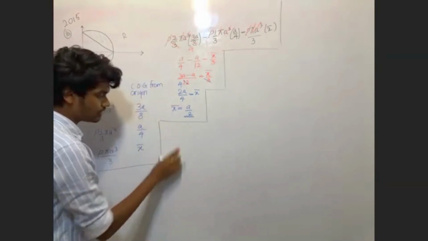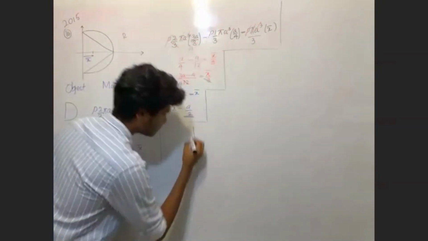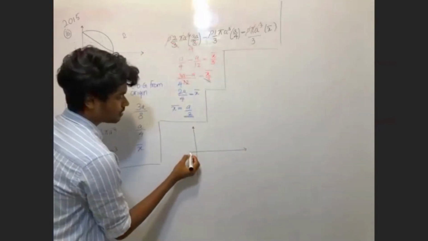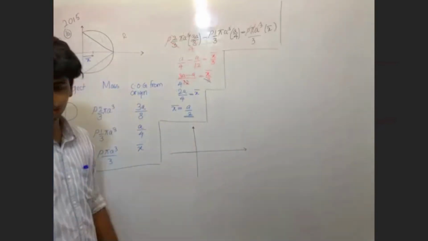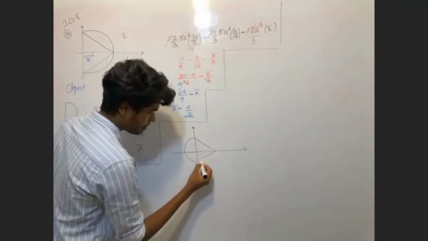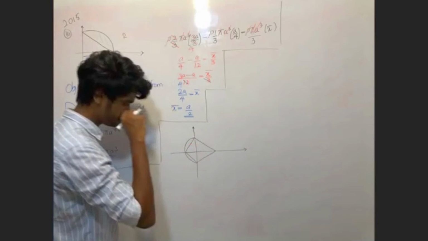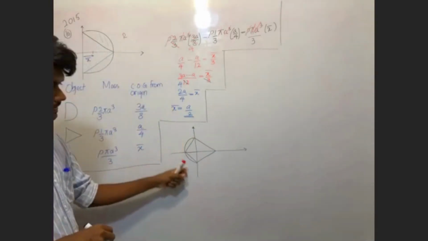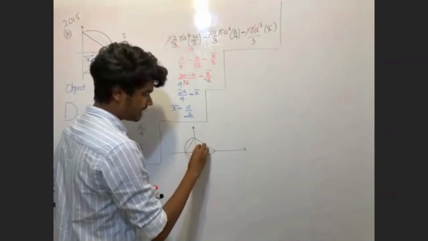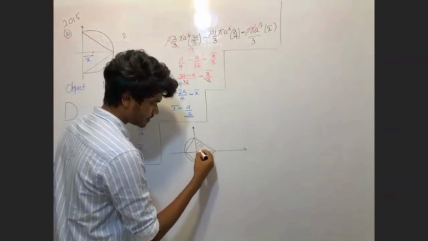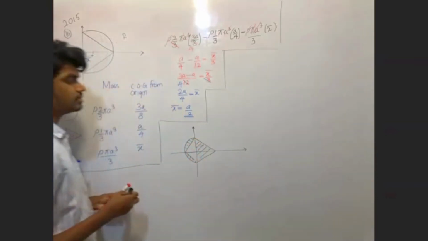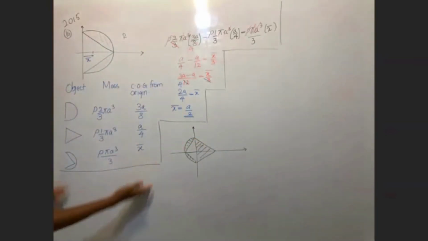We need to find the center of gravity from the base, the common interface, which means I will take this as the origin. Very easy. So this is a mass, this is a mass, this mass, this mass.